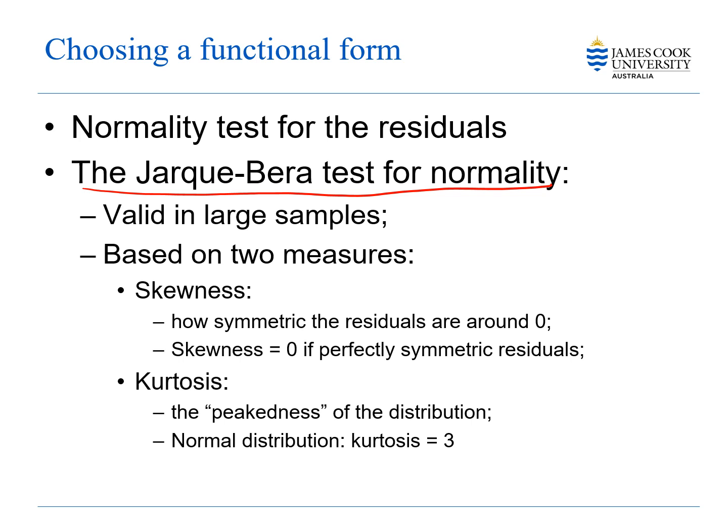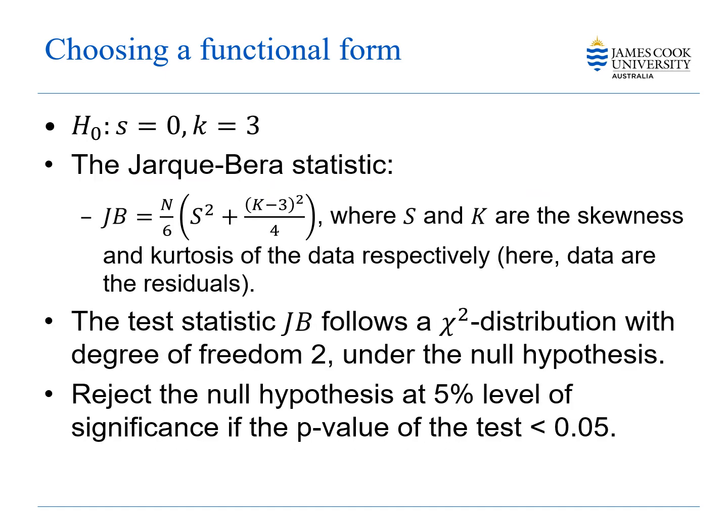The second measure is kurtosis. It captures the peakedness of the distribution. Again, if it's a normal distribution, then kurtosis will be 3. So the null hypothesis is that skewness is 0 and kurtosis is 3.